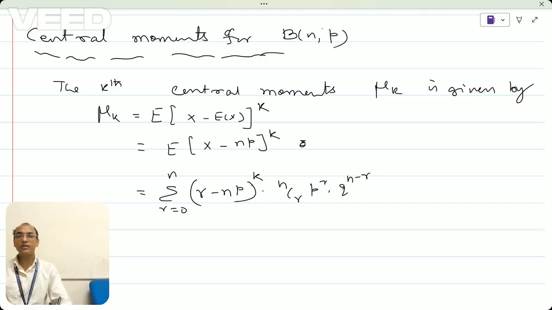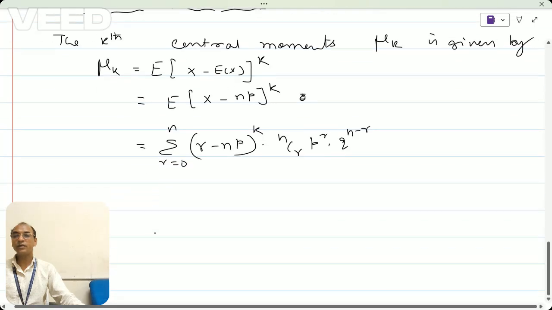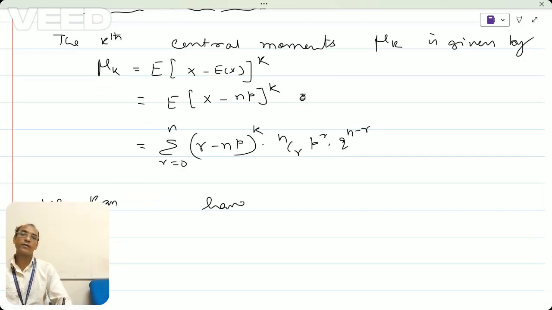This is the formula and this is the expectation. Now we find that here we will have mu 0 equal to 1 and mu 1 equal to 0. If we put those values, we can have this.